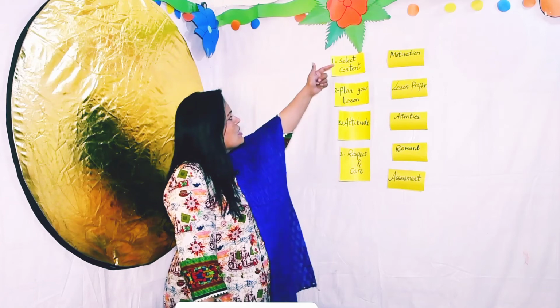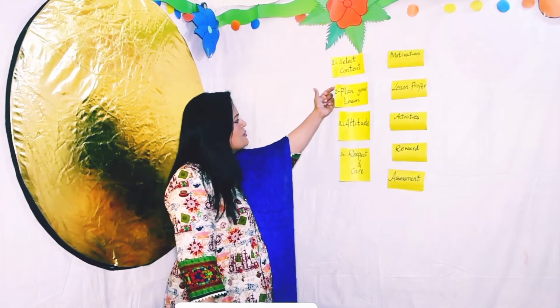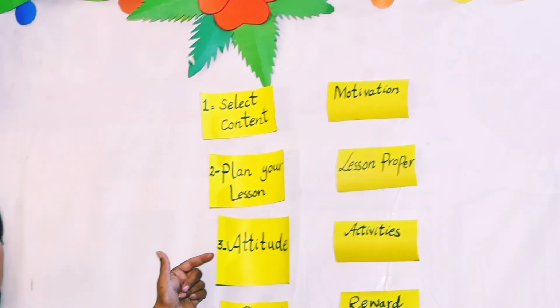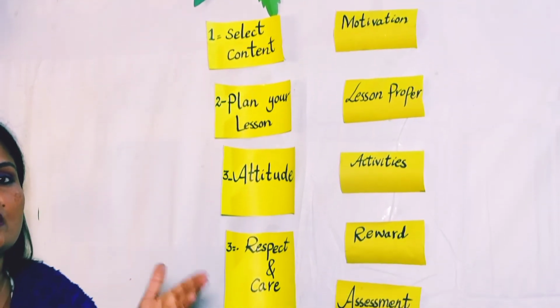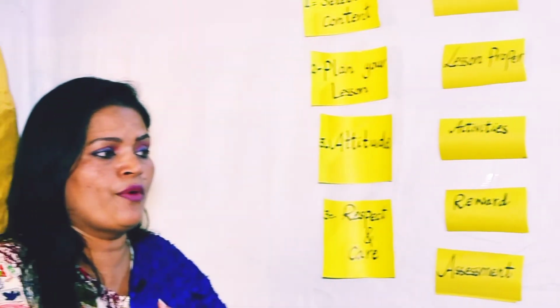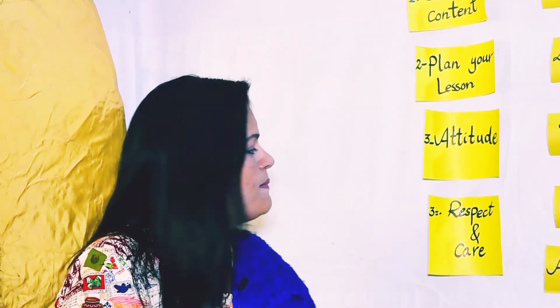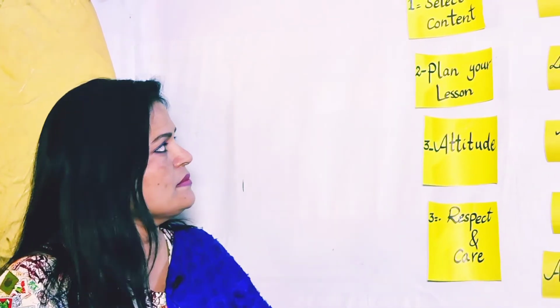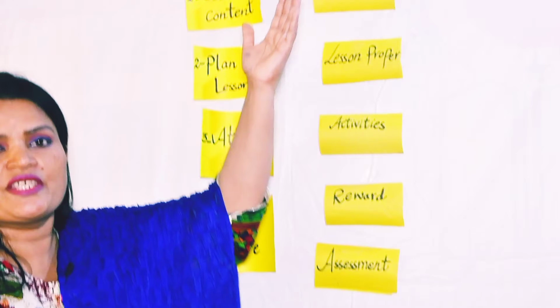देखिए, first we will select the content, plan our lesson, then our attitude, how we enter the class, what gesture we are giving to our children. Then we will give them respect and care. Then motivation.